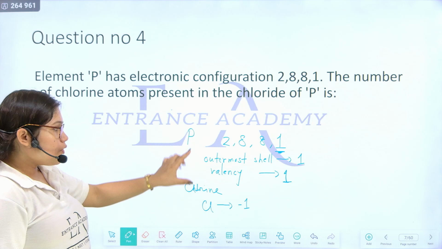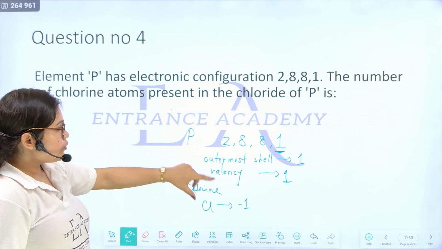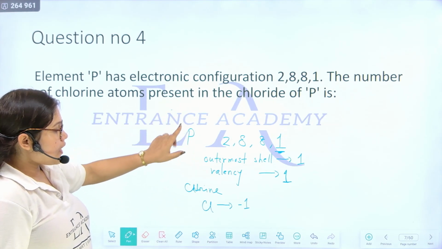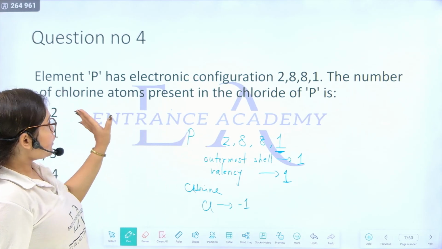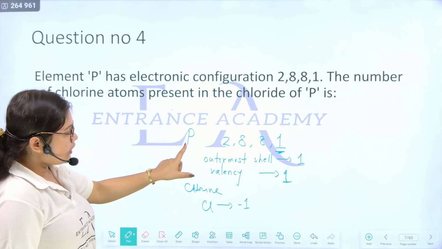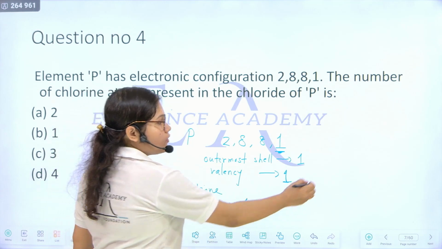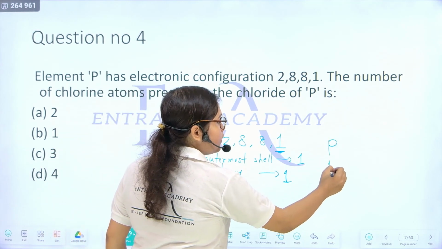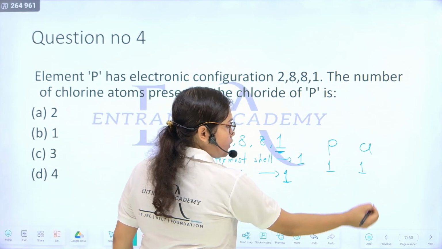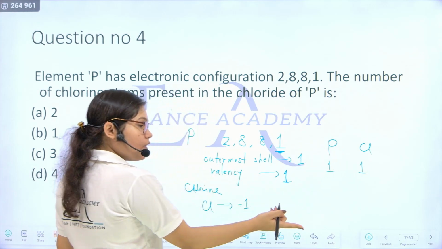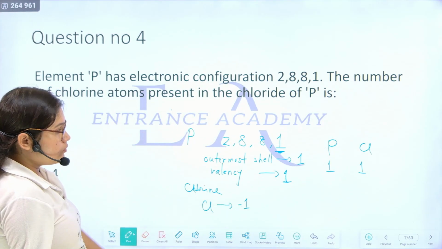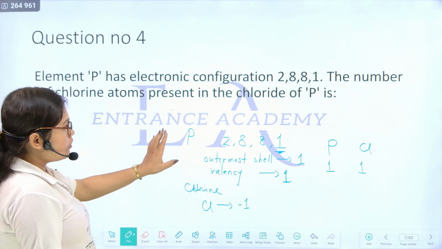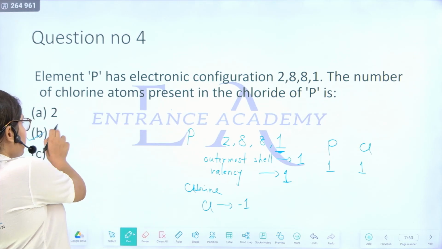So if the compound is formed using element P and chlorine, the number of chlorine atoms present in the chloride of P is 1, because the valency of P is 1, and chlorine's is also 1. So we need to add 1 chlorine atom to form the compound using P. So the answer is 1.